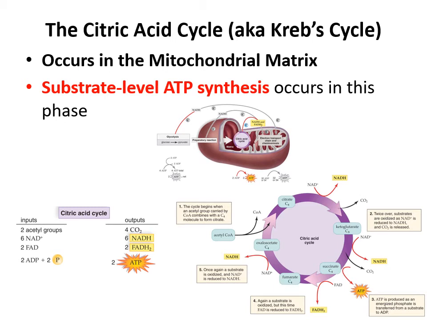Now, like I said, the prep reaction has helped prepare the pyruvate into an intermediate that can go into what's called the citric acid cycle. And remember, the citric acid cycle will produce 2 ATP, so I want you to circle this output here of 2 ATP. The way this occurs is through substrate level ATP synthesis. Again, remind yourself what we keep saying: the key to ATP lies in the phosphate bonds.